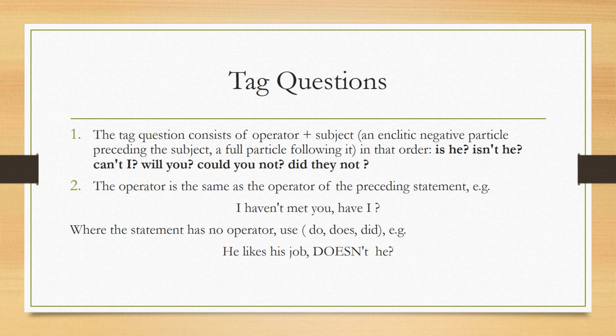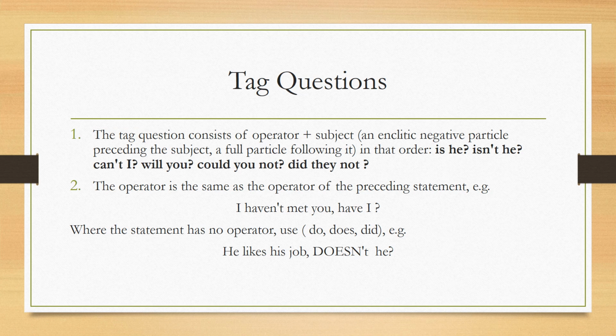But suppose that I have a sentence with a lexical verb and there's no operator, or a sentence with the verb to be. In this case, if I have a lexical verb with no operator, here I can use one of the dummy auxiliaries, do or does or did. We choose one of them, as we learned, according to the tense and subject of the statement.